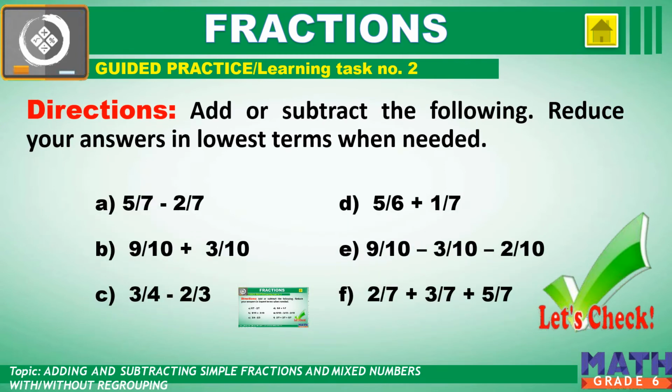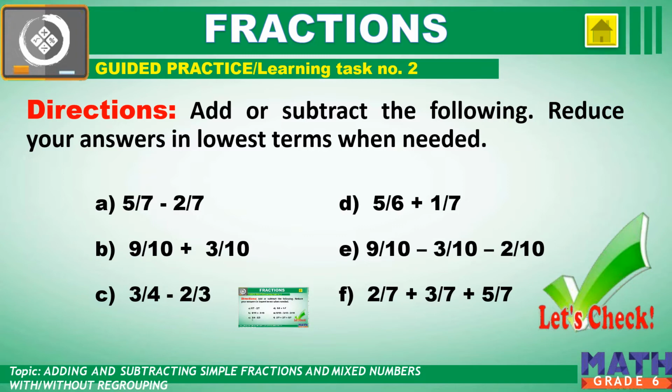We will proceed now to learning task number 2. So consider our directions. Add or subtract the following. Reduce your answer in lowest terms when needed. For letter A, we have 5/7 minus 2/7. For letter B, 9/10 plus 3/10.